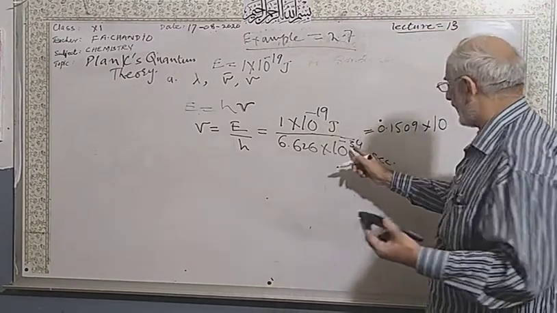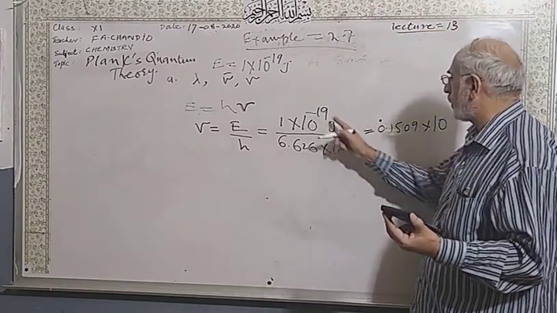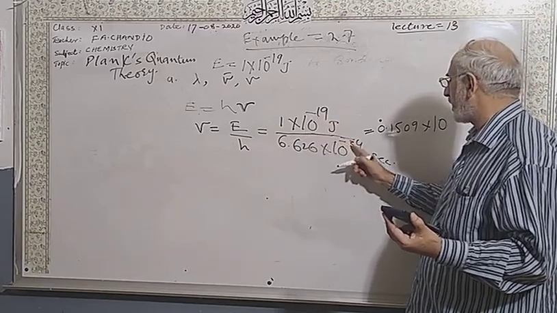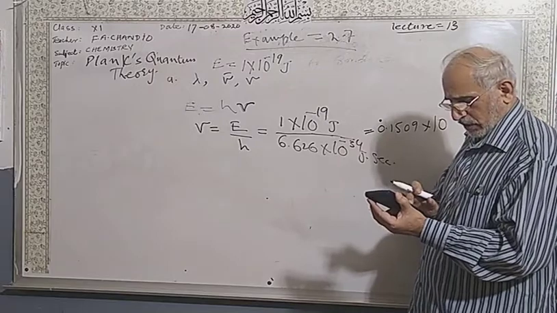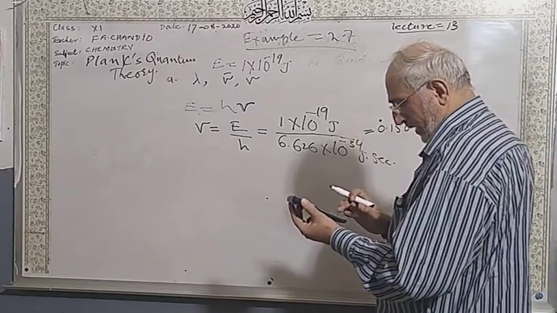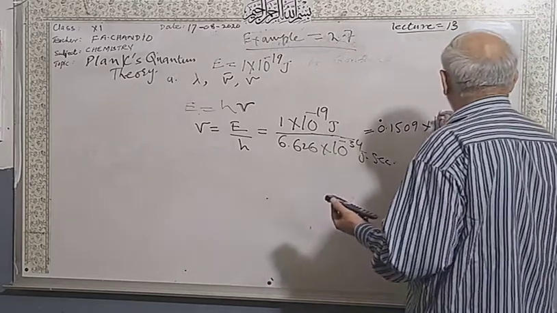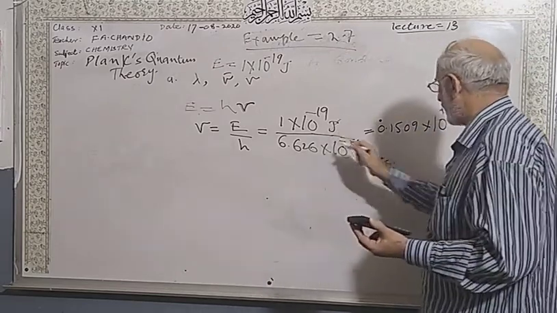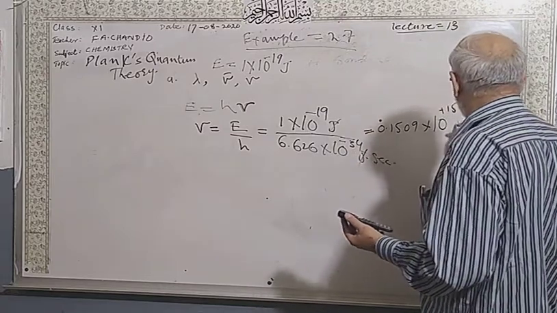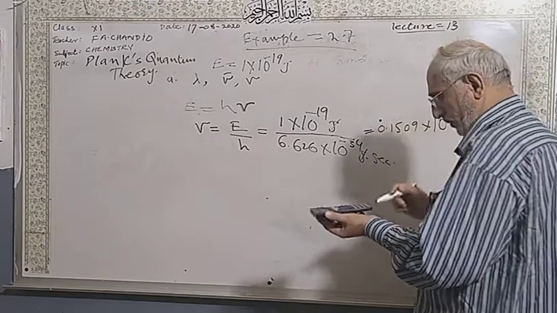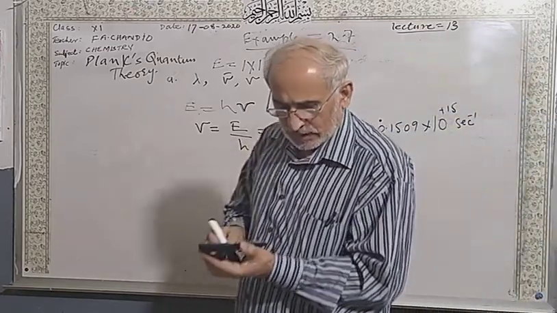Now students, we have 10 raised to minus 34 and minus 19. So the minus 34 in the denominator becomes plus, so 34 minus 19, you will get plus 15. And joules cancel, so you will get per second. This is your answer.